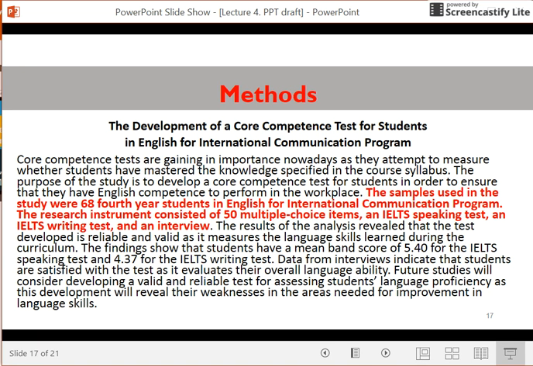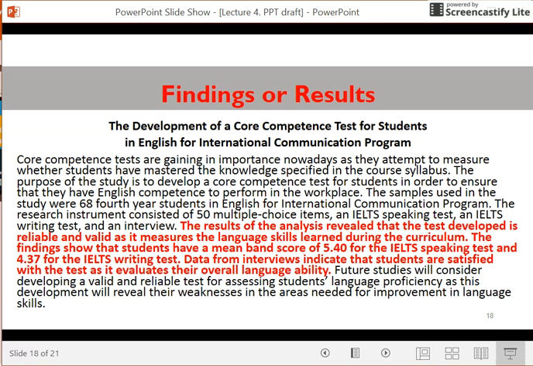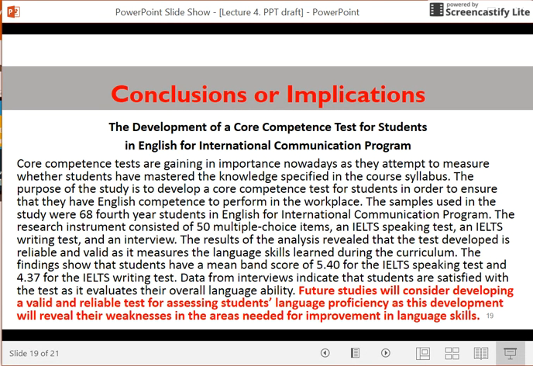These describe the sample that was used and the research instrument. Finally, the author was able to summarize the findings or results in 2 sentences. And then we have the conclusions or implications.